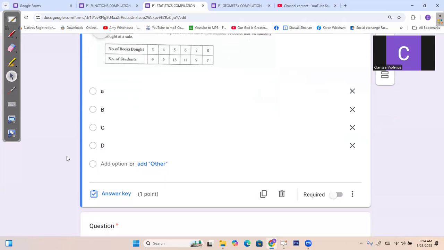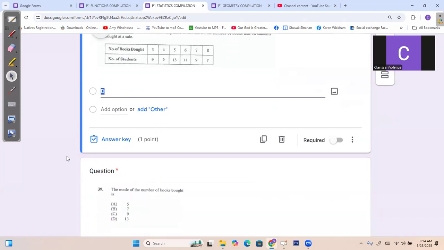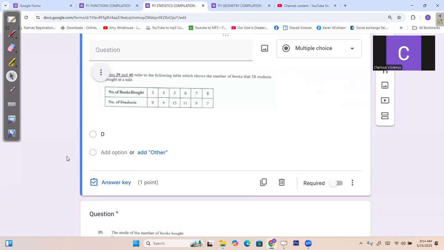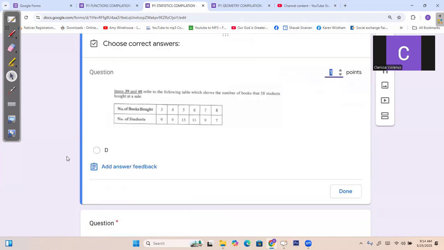This A had no options for a reason. So let me just take this out. This is just information that it needed, so there is nothing to answer. The answer key for this should be 0.